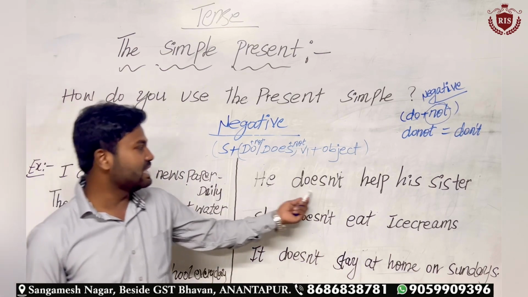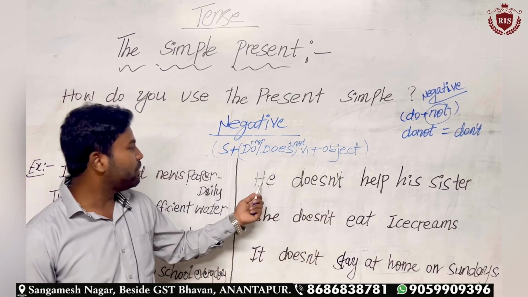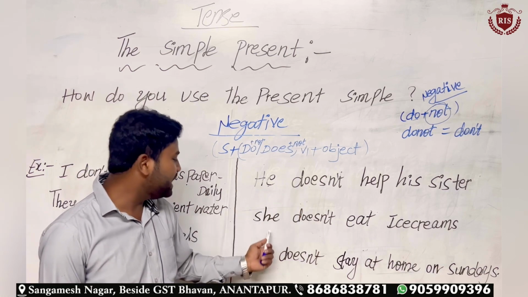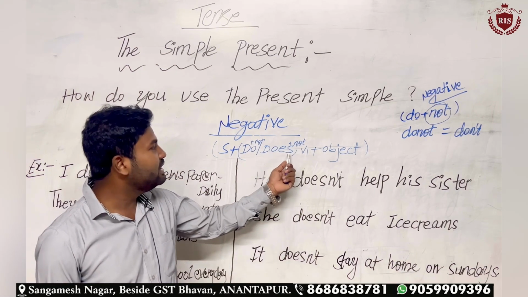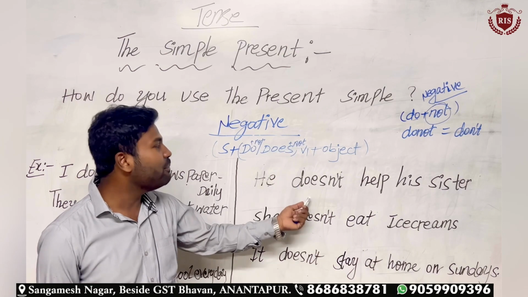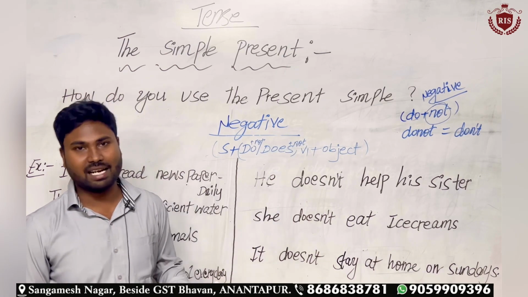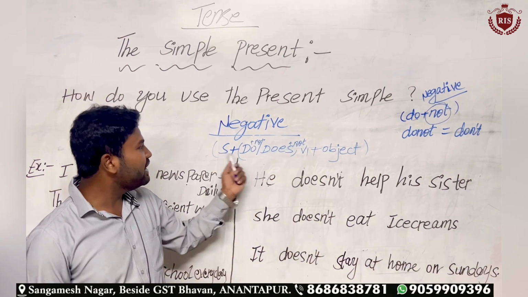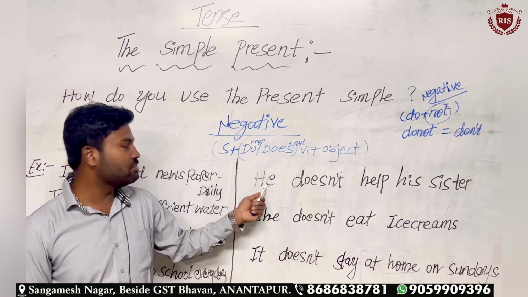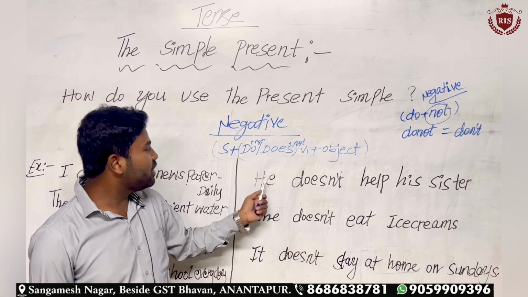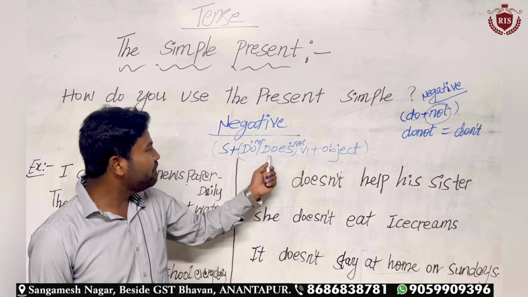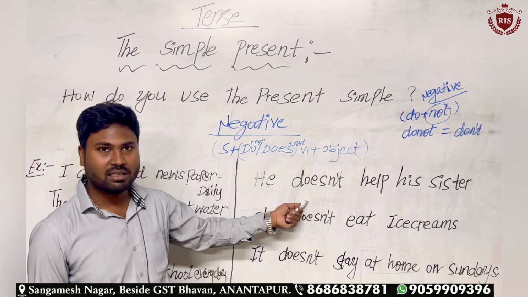It is doesn't. For the pronouns he, she, it, the contractive form doesn't has been taken here, right? So even here look at the structure, the subject is he, because the subject is he here we have taken does not.